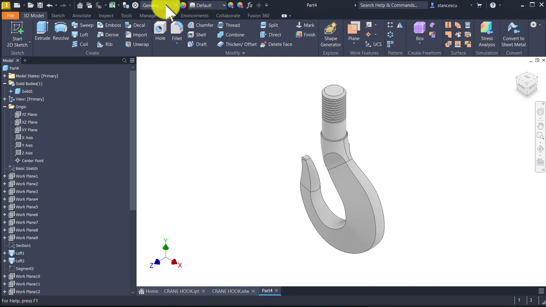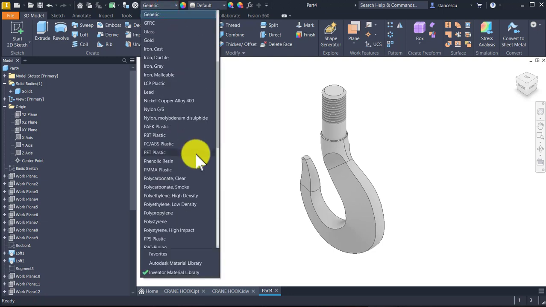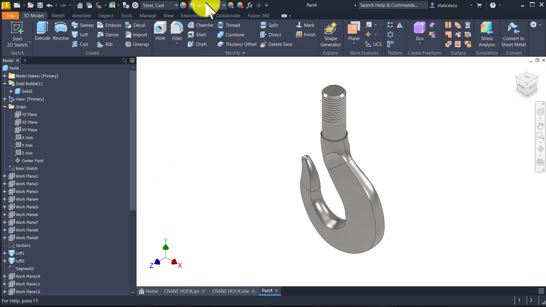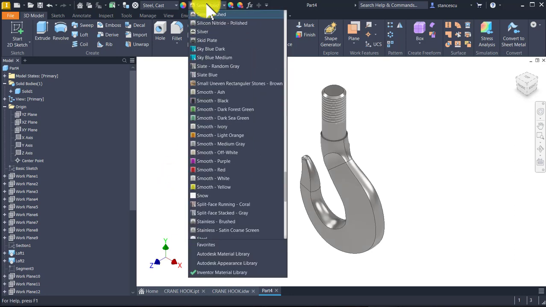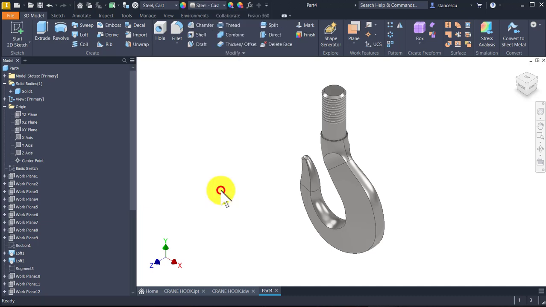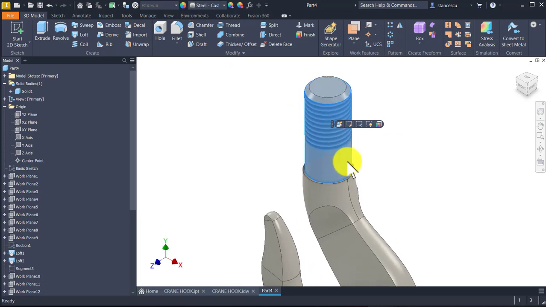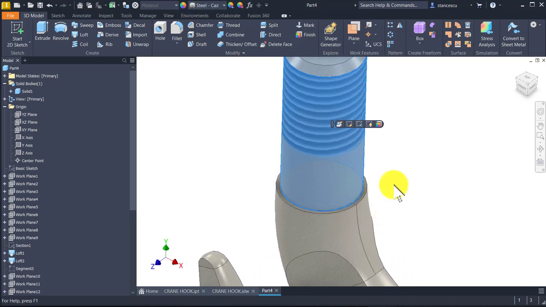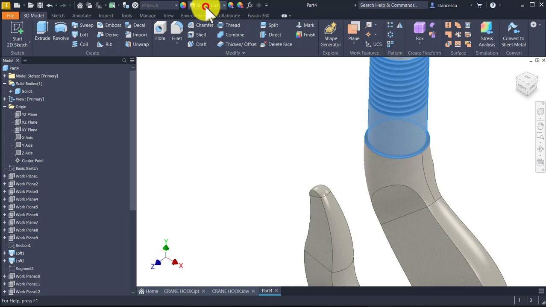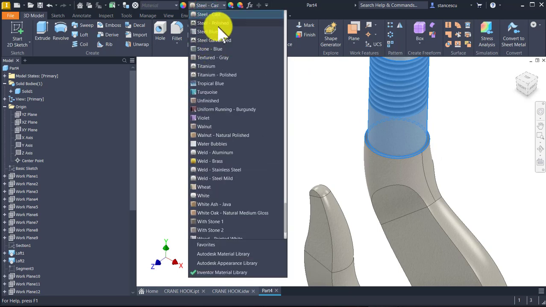I apply material which is steel cast. I apply steel cast all over, and eventually these two faces, keeping shift pressed, to be machined, polished.